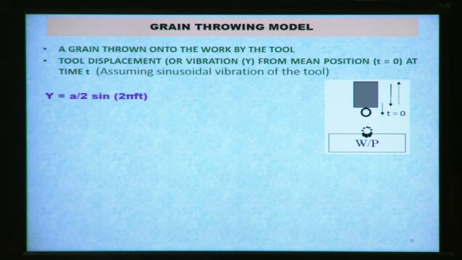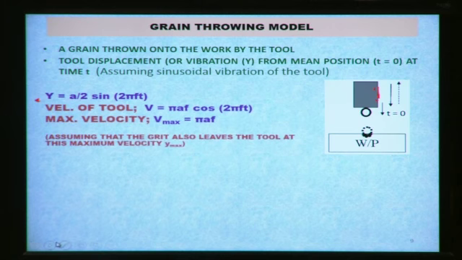So the displacement of this tool, y, can be considered as (a/2) sin(2πft). Here a/2 is the amplitude, f is the frequency of vibration, and t is the time.